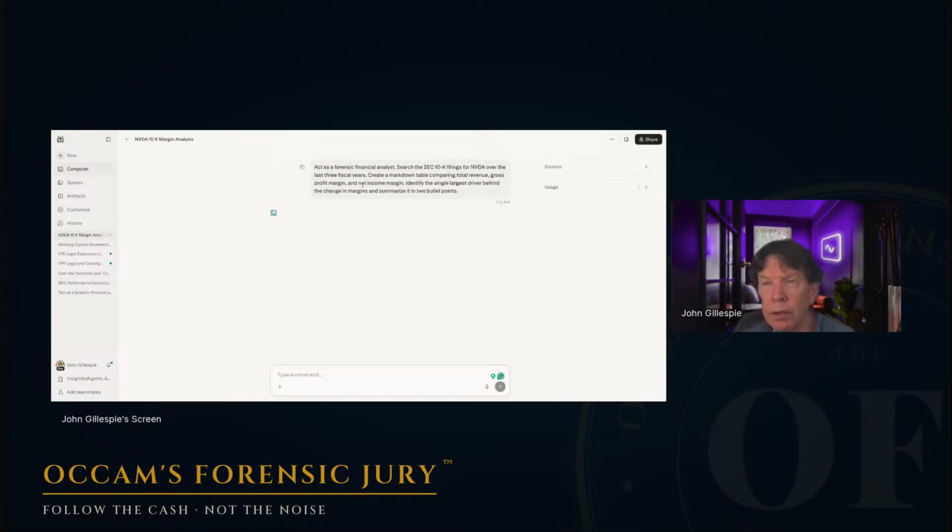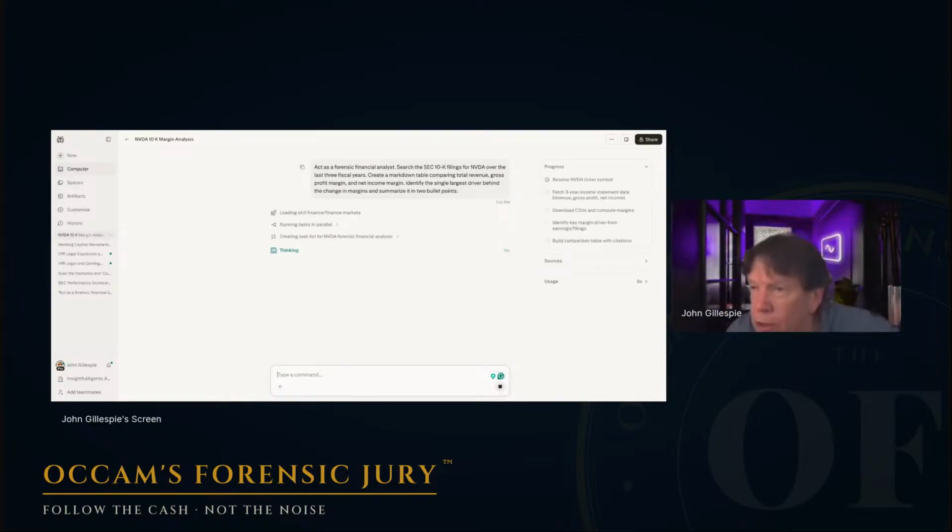So this is that prompt that we saw on the last slide, and I put NVIDIA in as the company it would run this task for, and it goes through and does all of the things that we've asked it to do. If you notice, prompting is nothing like programming used to be. You can talk into your chats in natural language, pretty much English-level language, but you have to remember it's still just a computer. It's only going to do what you ask it to do.